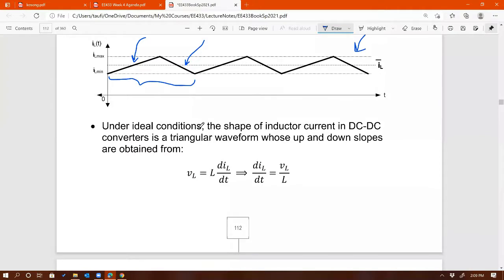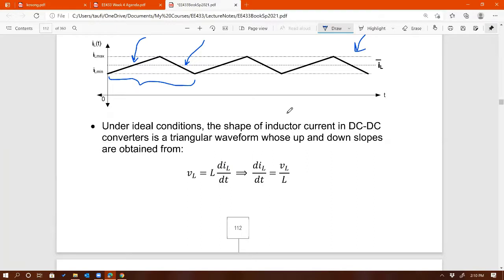Under ideal conditions, the shape of the inductor current in a DC to DC converter is a triangular waveform, as I said earlier, whose up and down slopes are obtained from this equation. You have a linear slope during charging time, another linear slope in the discharging portion: positive slope, negative slope.